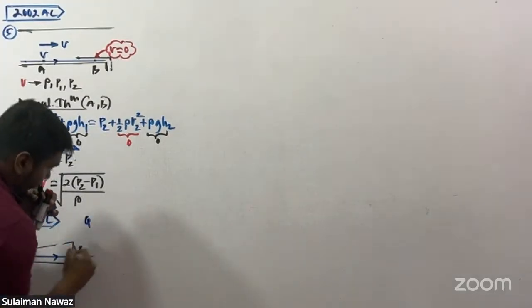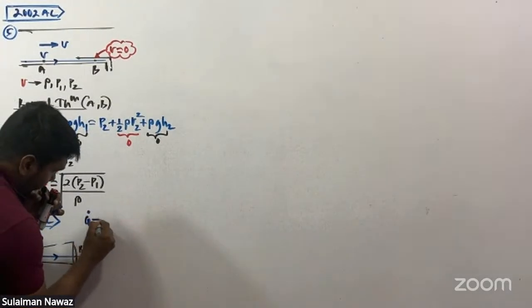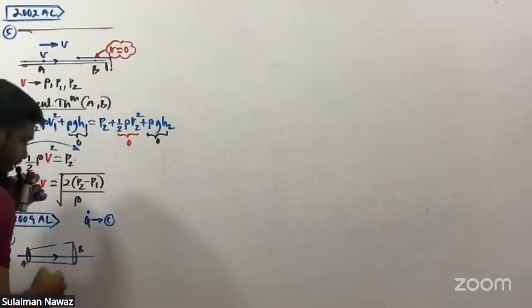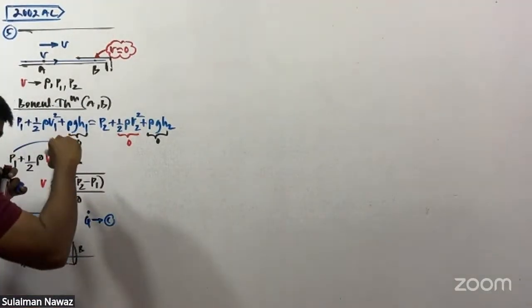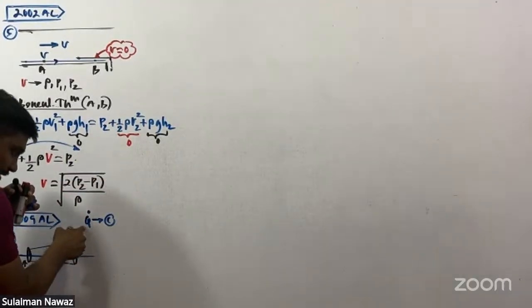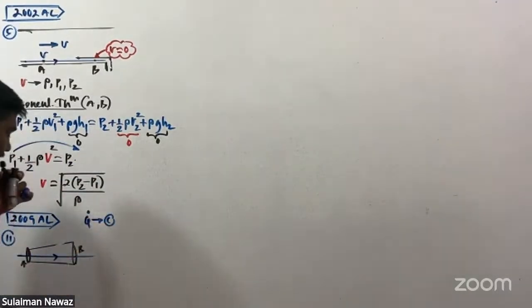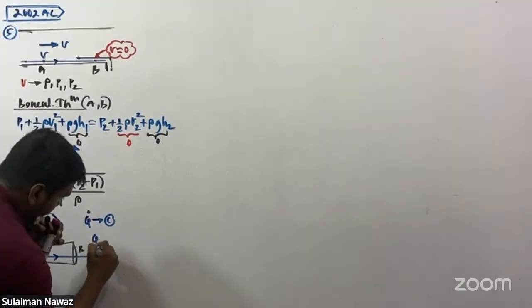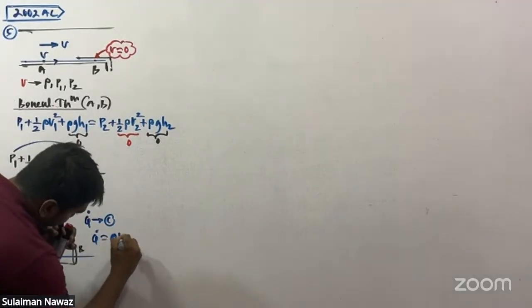When the volume flow rate is constant, we know that volume flow rate, as we identified last week, means cross-sectional area into velocity.